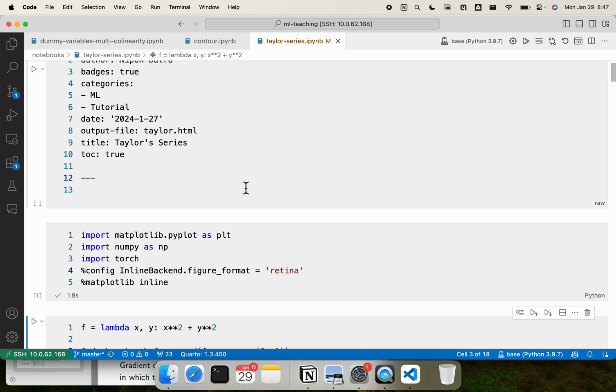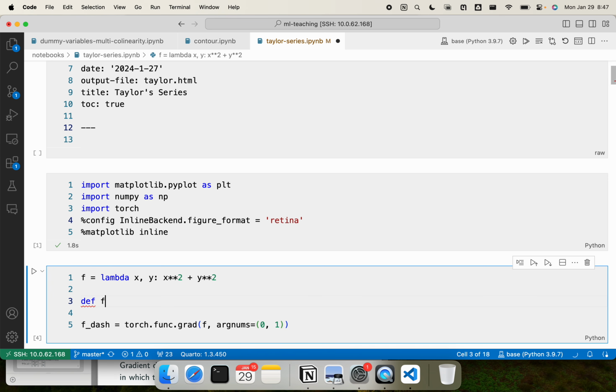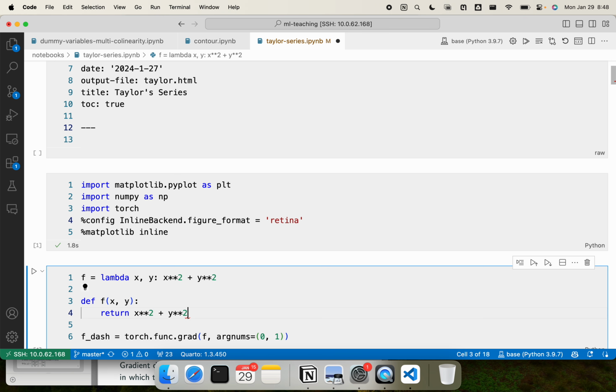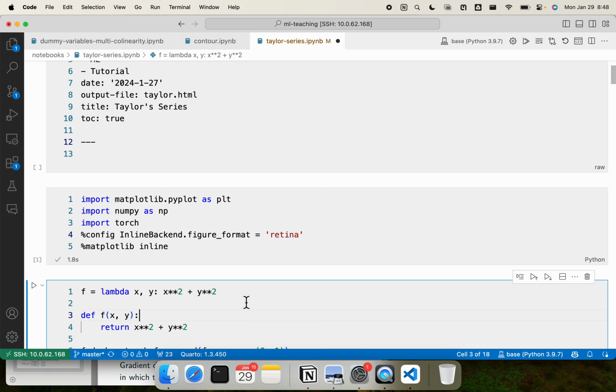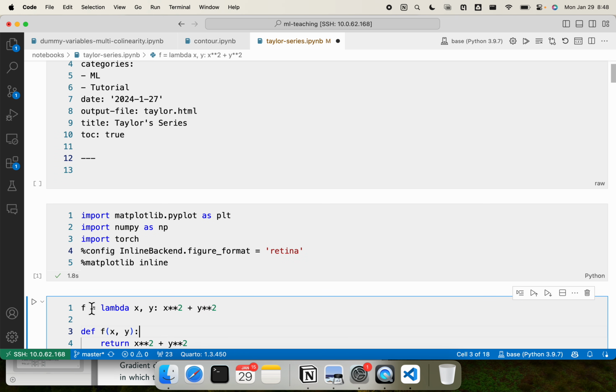So, I have defined this function f as a lambda function of x comma y, which is x square plus y square. For those who do not know about lambda functions, this is equivalent to writing def f of x comma y and return x square plus y square. This is just a quicker way to write this. These are known as lambda functions in Python. Now, f takes two inputs.